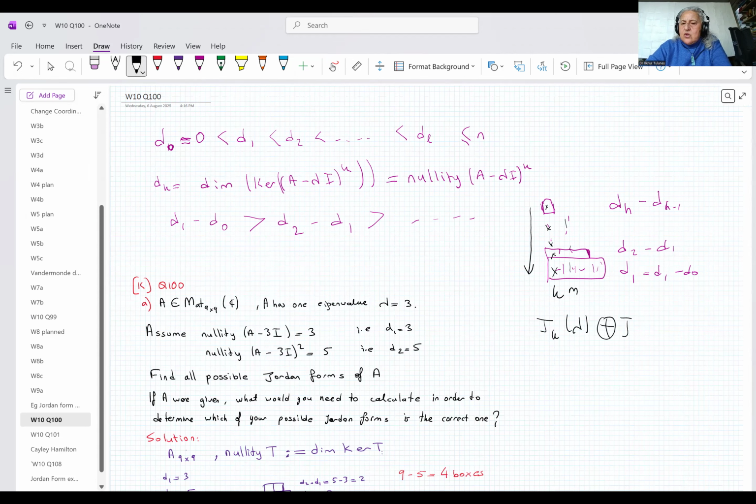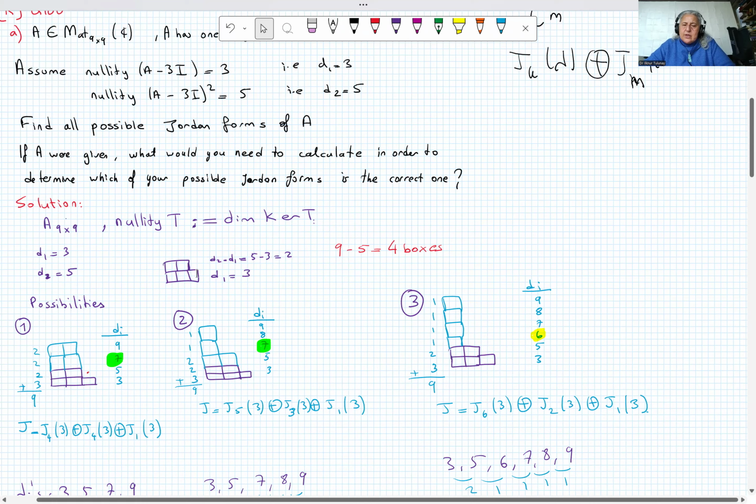Okay, now in this case, d1 is 3, right? d1 is 3, d2 is 5. Now you have 3 blocks here. d2 minus d1 will be 2, so this is why you have 2 blocks. See, you have a ladder condition here. Now, since I have 9 dimensions, I have a 9 by 9 matrix, and I already used 5 of these boxes.